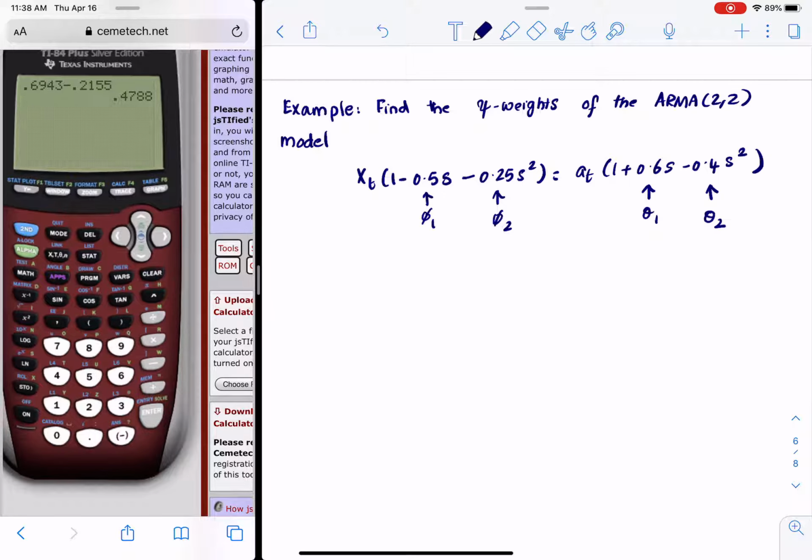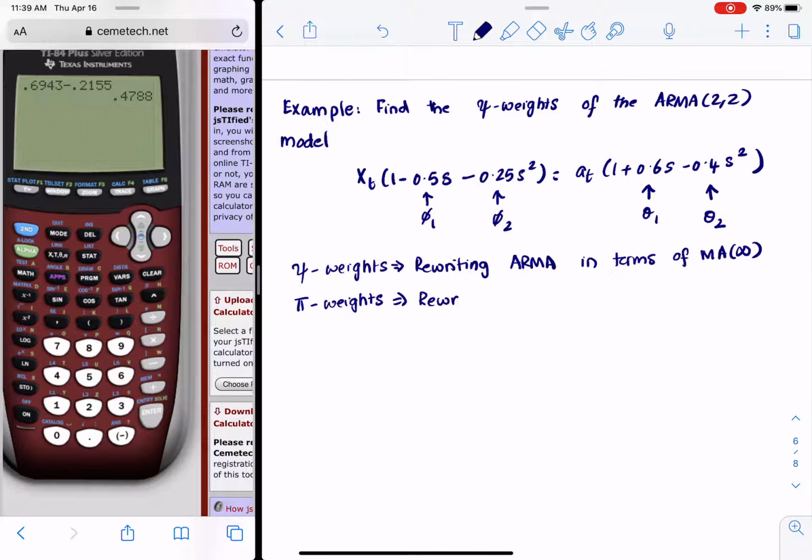So we want to find the psi weights. Psi weights are obtained by rewriting ARMA in terms of MA infinity, and pi weights are obtained by rewriting ARMA in terms of AR infinity.